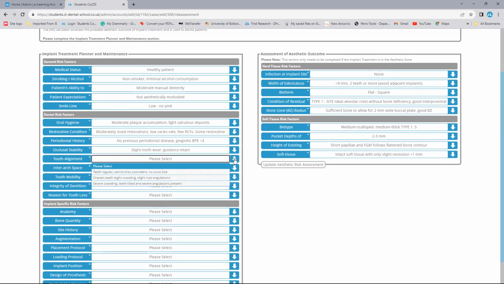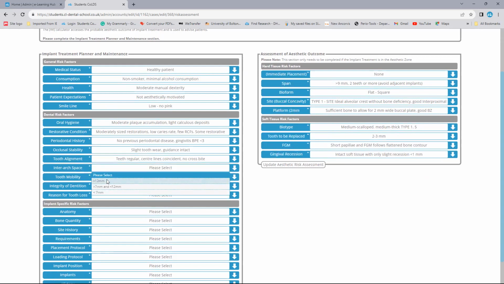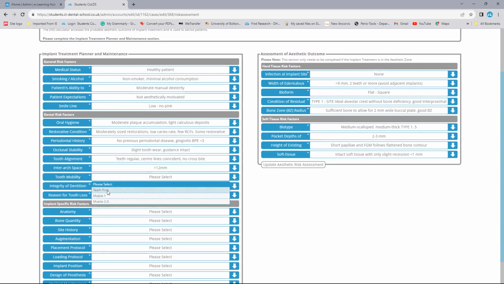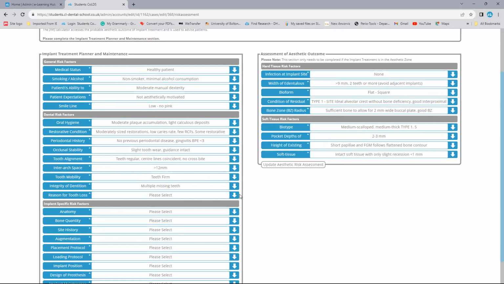We've got tooth alignment. Well, the teeth were fairly regular, and the center line seemed coincident. Interarch space was greater than 12 millimeters. You had a big distance between the teeth and the ridge. Teeth were firm. The integrity of the dentition: one tooth, multiple teeth were missing.